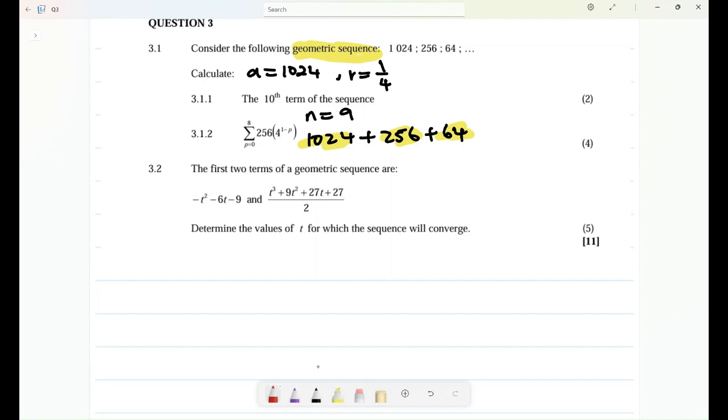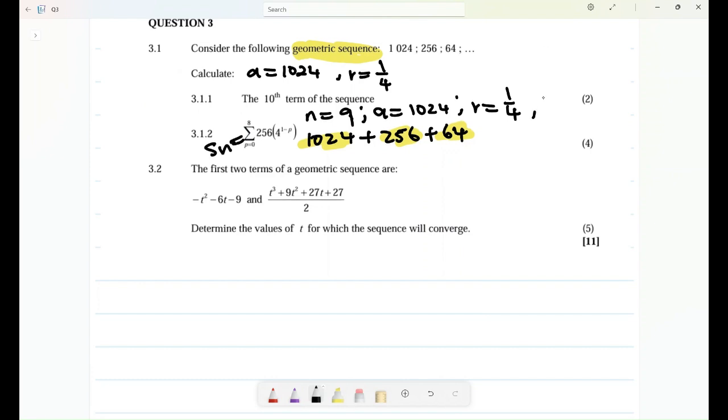All right. So you all agree that for this part, this is 9 here, not A, right? Then A is going to be 1024. Then R is going to be 1 divided by 4. But remember I said when they say calculate, then they give you sigma, it's the same as saying calculate Sn.